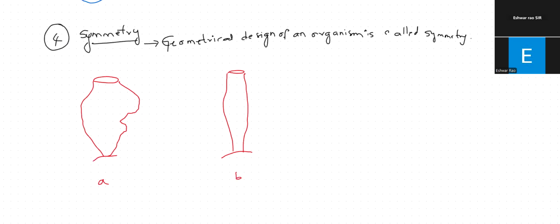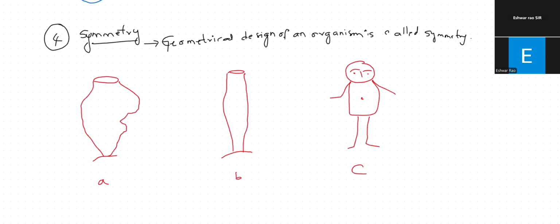Let's take ourselves as an example. So there are three organisms. Now I give you a big knife and ask you to cut the three examples into equal halves. So what is our task? To cut these three organisms into equal halves.